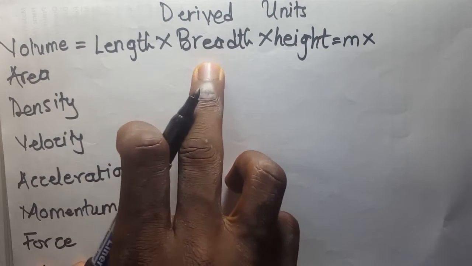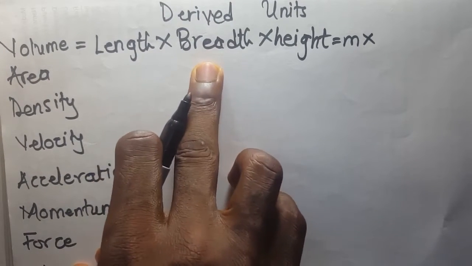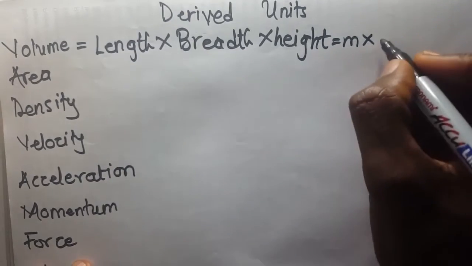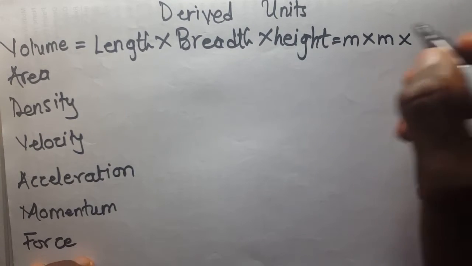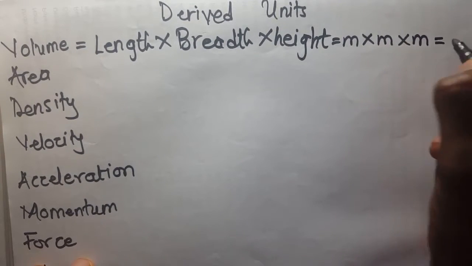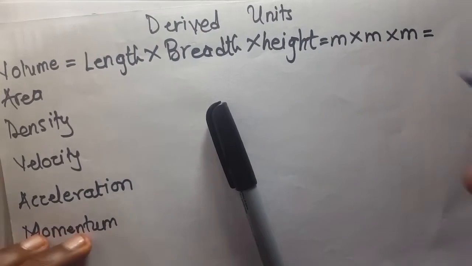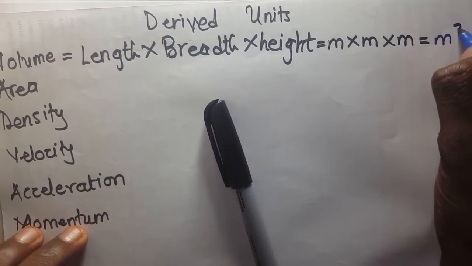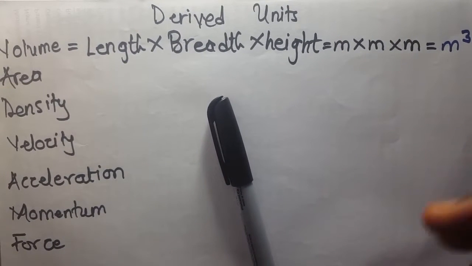Which of the basic units is synonymous to breadth? It is still length, so the unit is small m. Then looking at height, length is also synonymous to height. So you have meter times meter times meter, meter cube. This is why the unit for volume is m exponent 3.